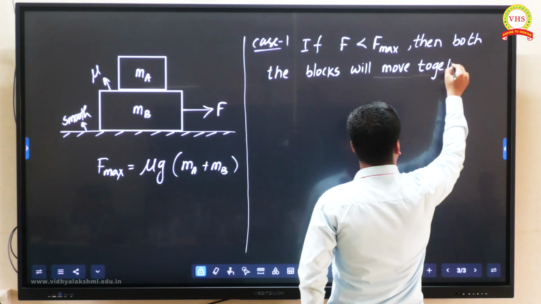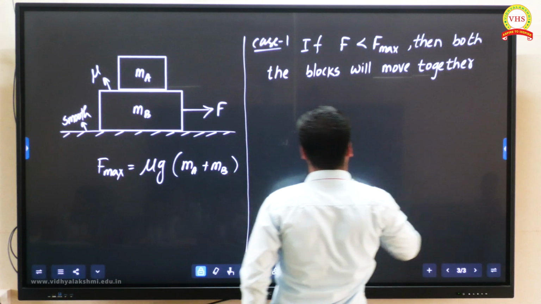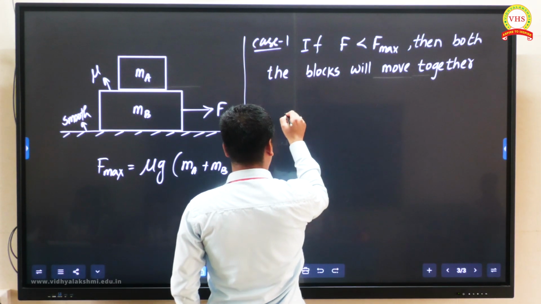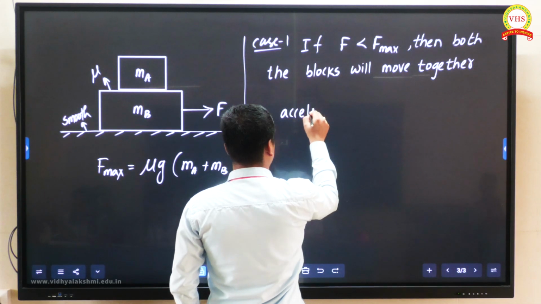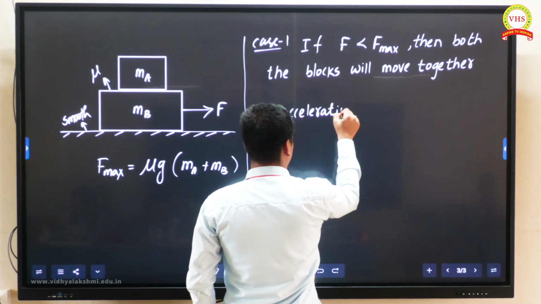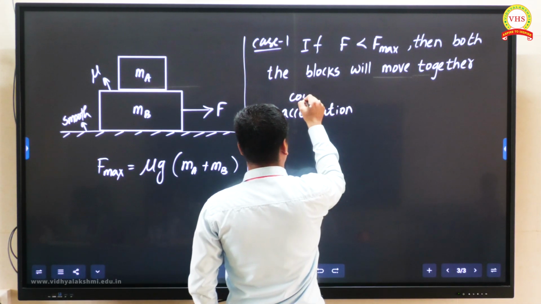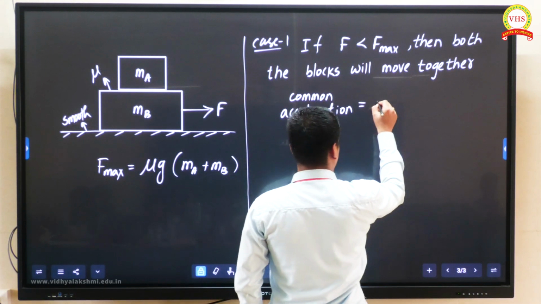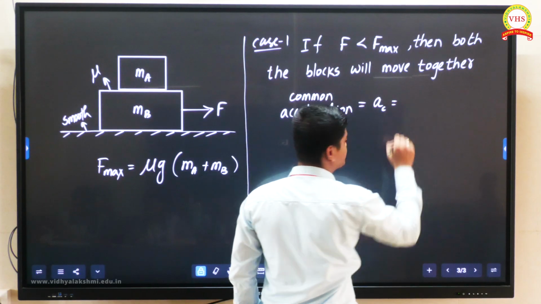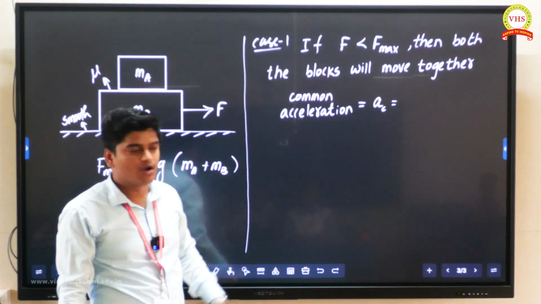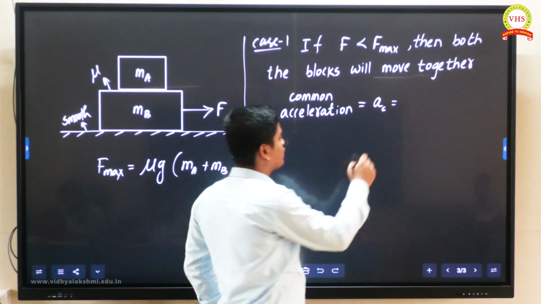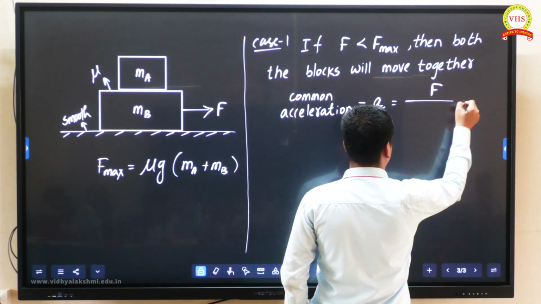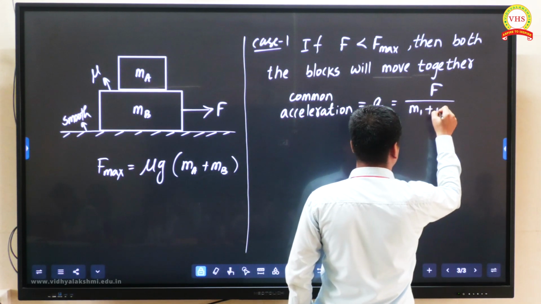Yes or no? Now here if you analyze, what will be their acceleration? The acceleration of the blocks is basically a common acceleration, which I can call a_c. So what is that common acceleration? The total force applied, capital F, divided by M1 plus M2.